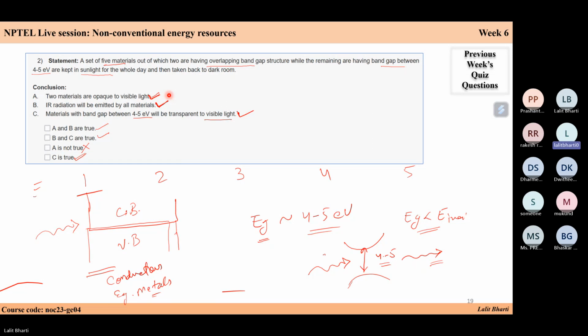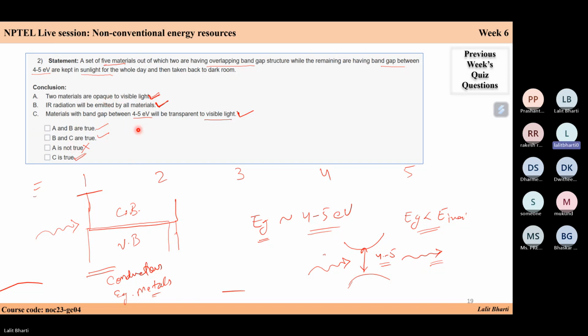It will get heated or rise in temperature. And if you put it in a dark room or a lower temperature region, it will emit some light. So basically, it will emit IR light. It happens with each type of material, be it semiconductor, conductor, or insulator. So these are basically thermal properties. So B is also correct.